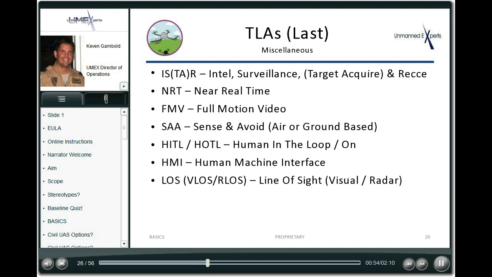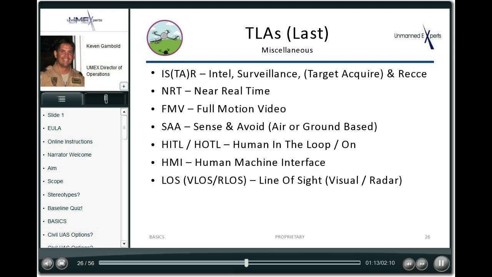As we get into the legislative aspects during the course, you'll hear a lot about sense and avoid, SAA, otherwise known as detect and avoid, and it can either be air or ground based, so ABSAA or GBSAA, and that depends on where the sensors are located, obviously.